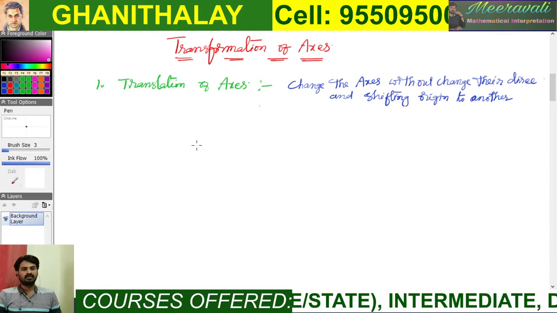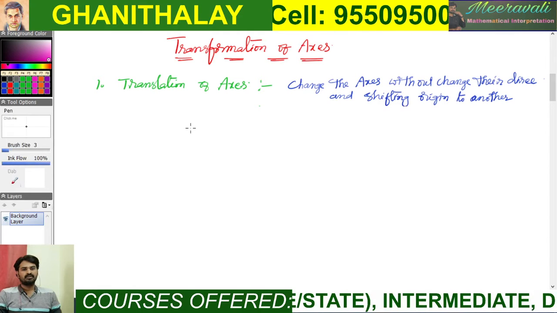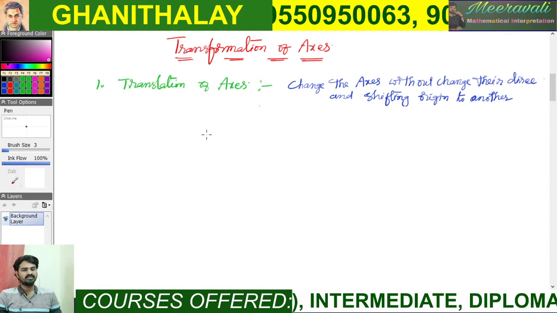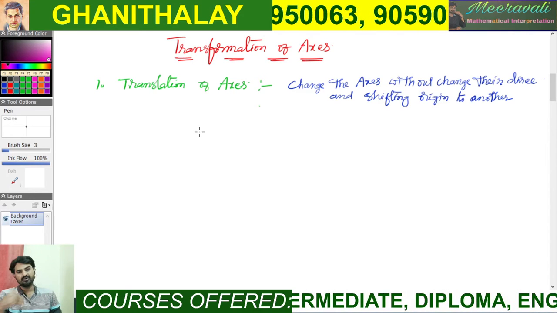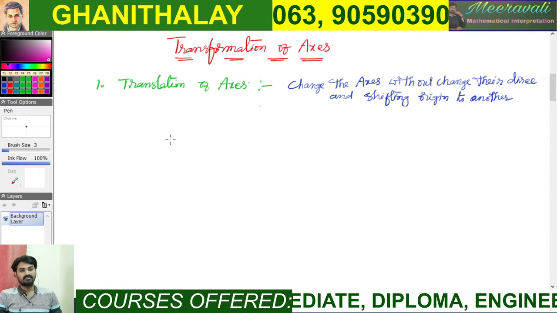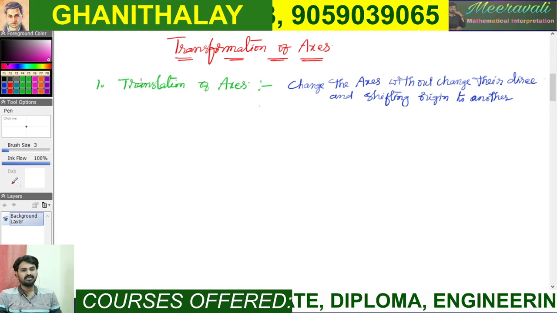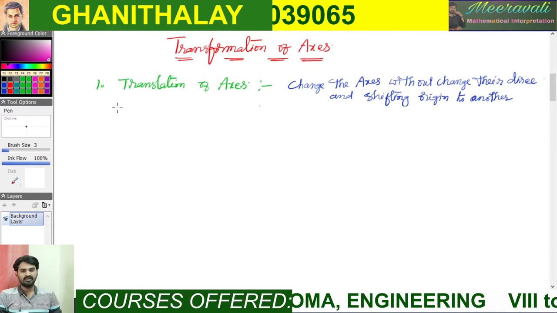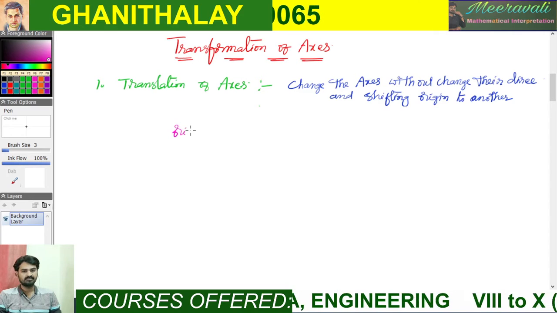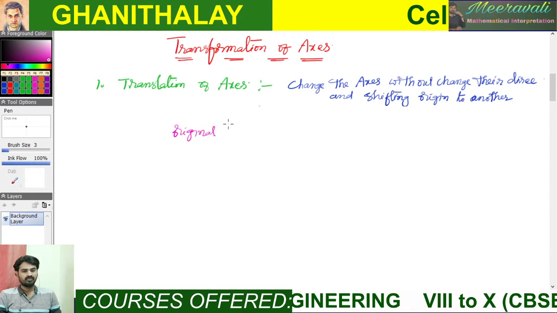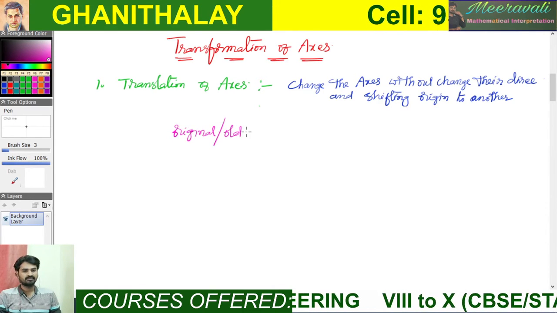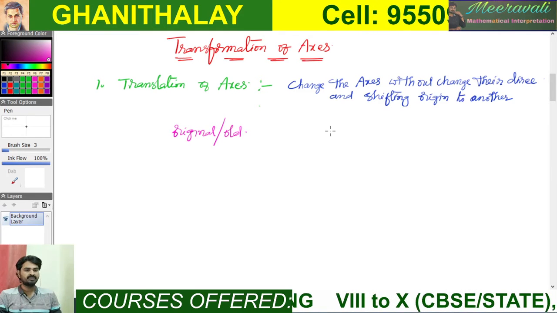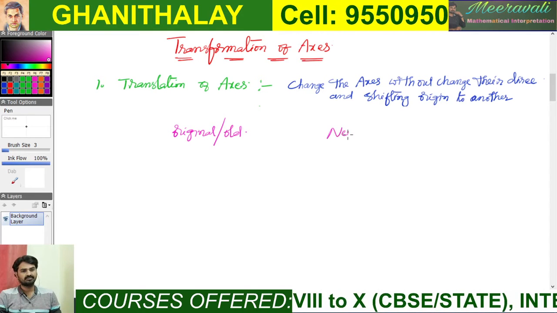Formula. Here the original system and the new system are there. The original system is the one before changing the direction of the axes. So that system is called the original or old system. Next, this is the new system.